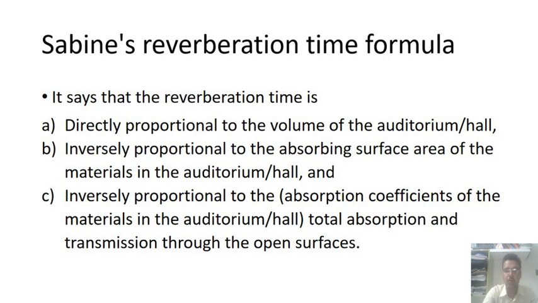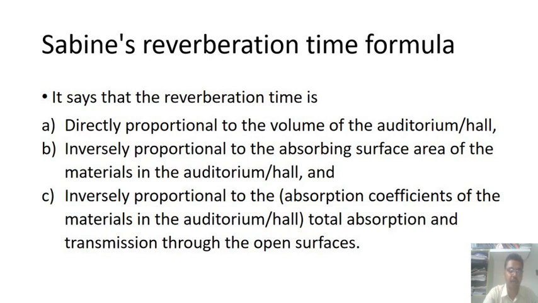That means total absorption and transmission through the open surfaces. Experiments have proven that for halls with a volume of less than 350 cubic meters, a reverberation time of 1.03 seconds is most suitable.